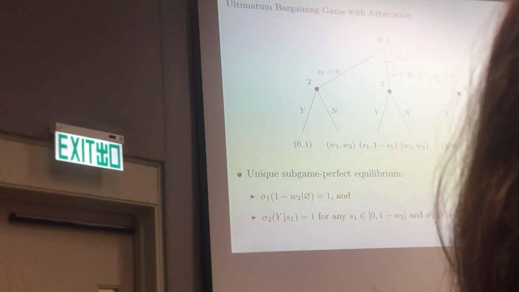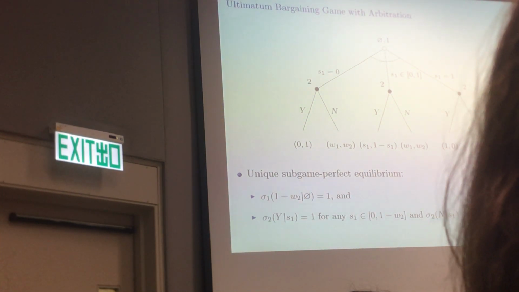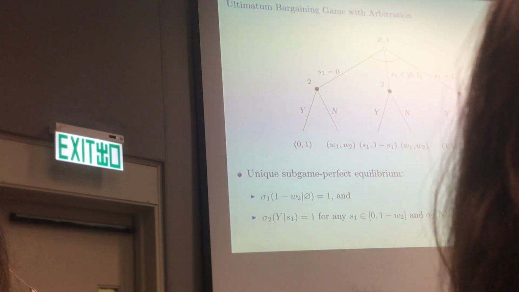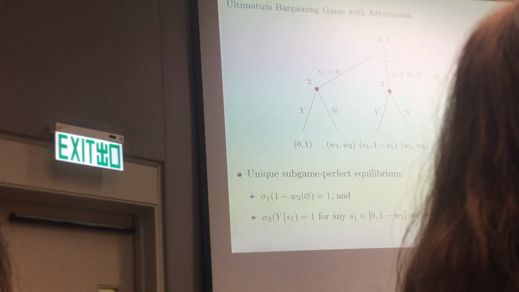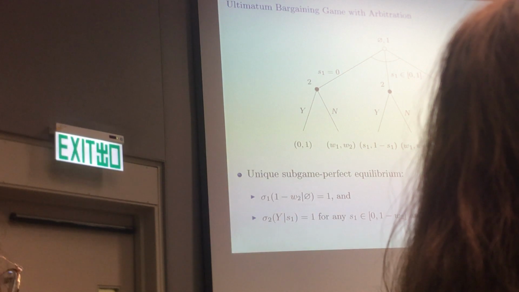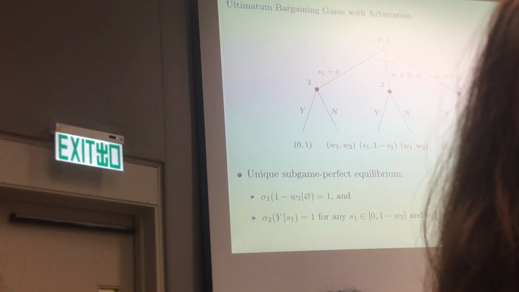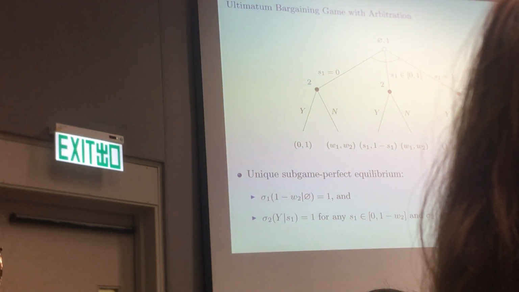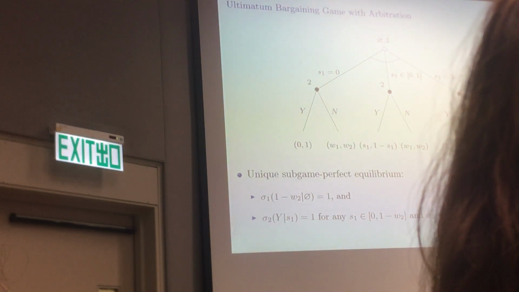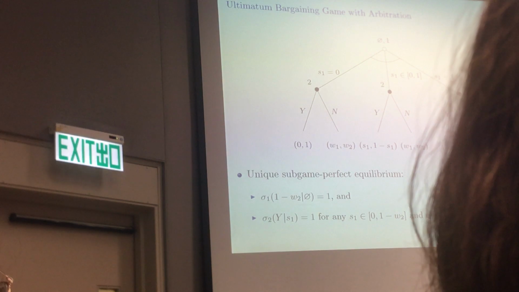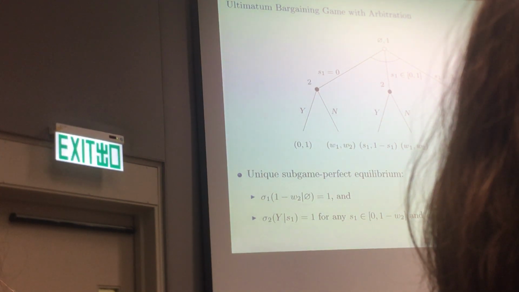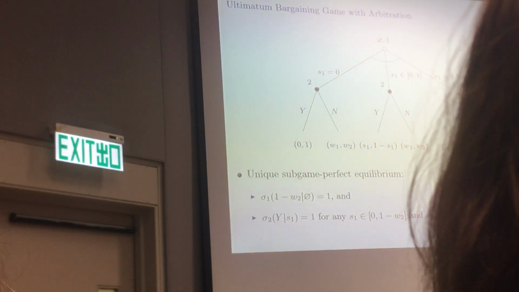By the way, here we have a 45-degree line, so the value of U1 here is 1 minus W2. Remember that we assume W1 plus W2 is less than 1, which means that W1 is less than 1 minus W2.